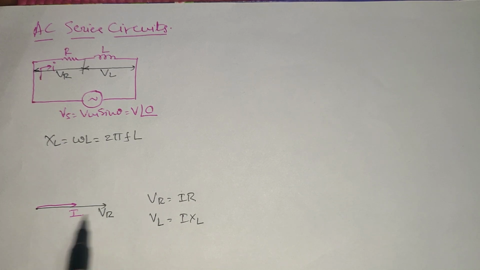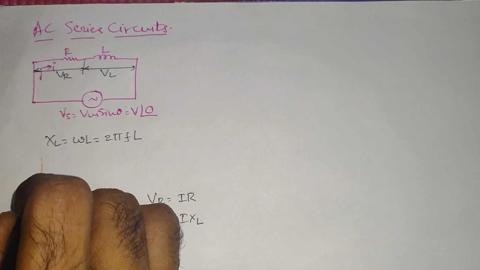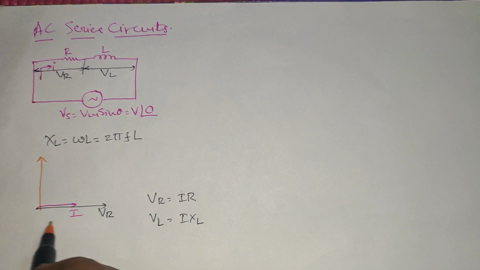So here VR will be in phase with the current I, and VL will be 90° leading with respect to the current.